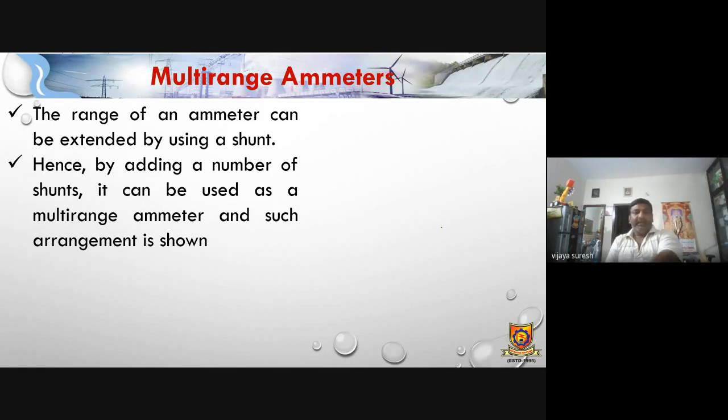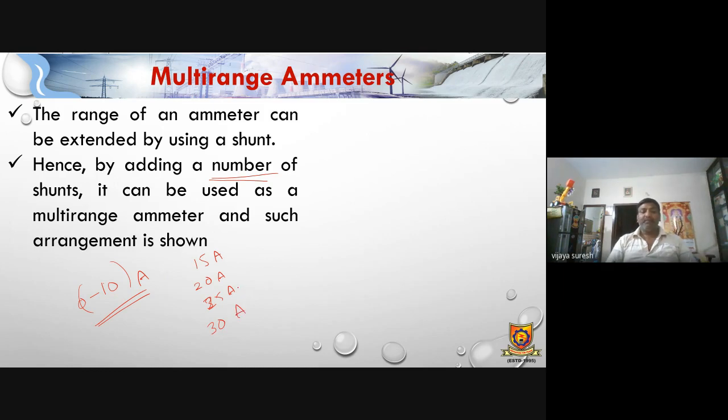So the range of the ammeter can be extended by using a shunt. Hence by adding a number of shunts. Why are you going for a number of shunts? Because I have a 10 amp meter, let us say 0 to 10 amps. But I want to measure, listen carefully, 15 amps, 20 amps, 25 amps, 30 amps with the same meter.